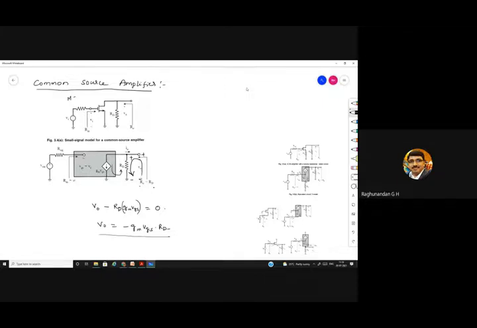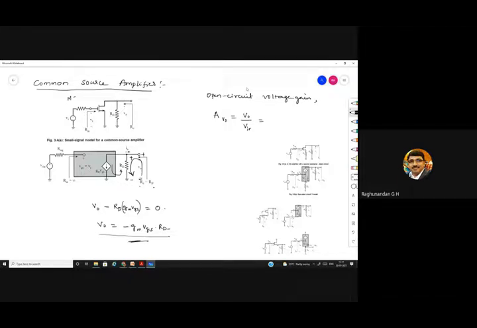After this, we need to find the open circuit voltage gain. To find the open circuit voltage gain, which is represented by Av naught, it is output voltage by input. Input we will take as Vi. So when we consider V naught by Vi, V naught we have already obtained.